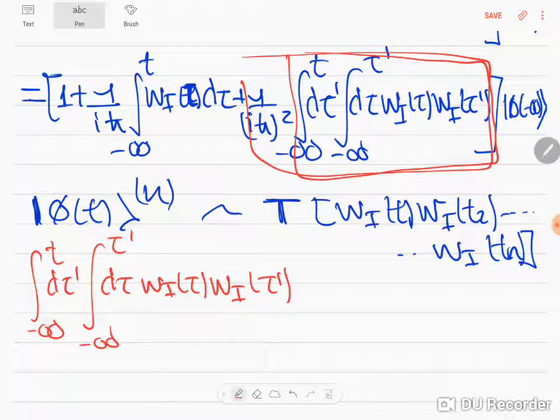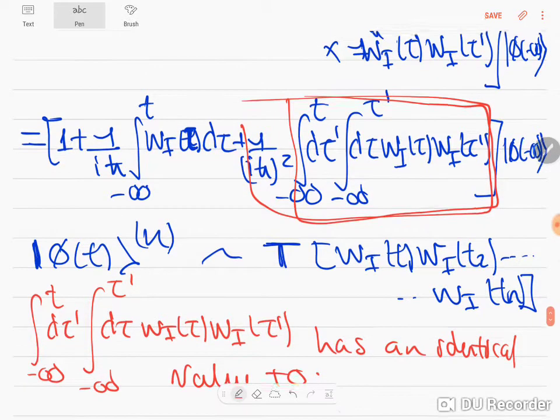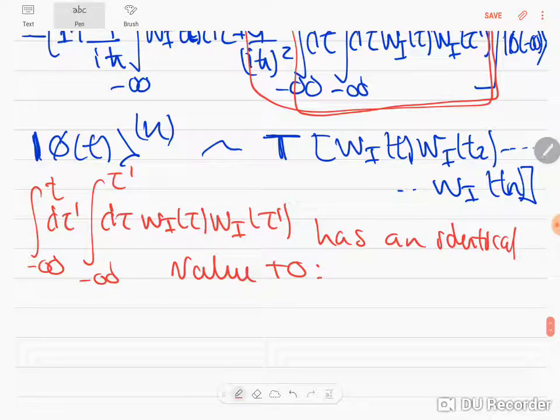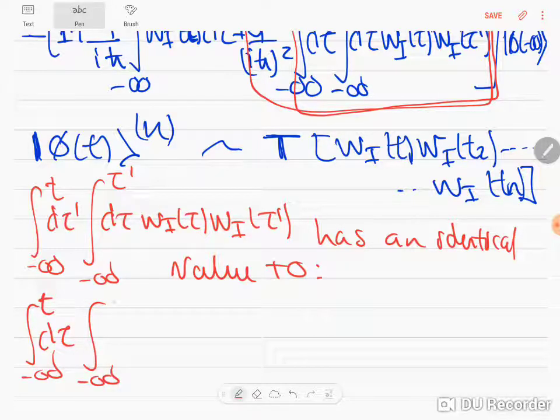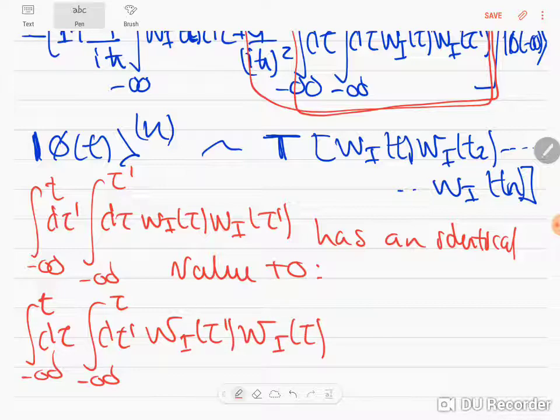Okay, so this integral has an identical value to the following integral, to the integral from minus infinity to t of d tau, integral from minus infinity to tau of d tau prime, W_I of tau prime, W_I of tau, where what I just did was just switch tau and tau prime.